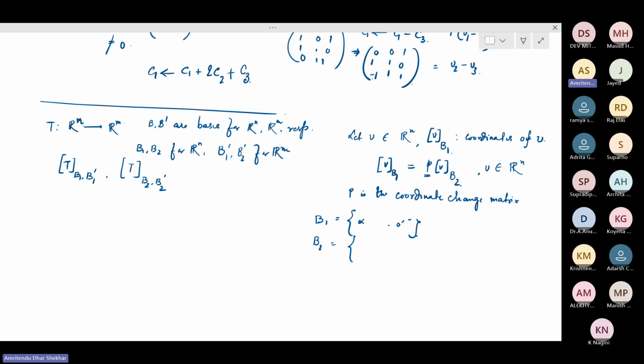Let me just write it as alpha 1 to alpha n and put this over here.